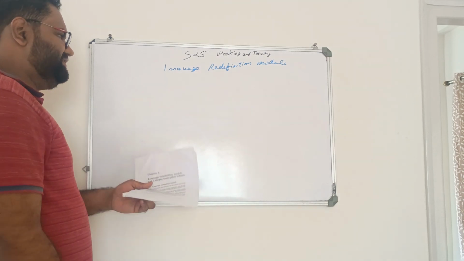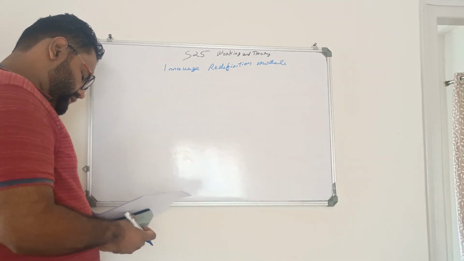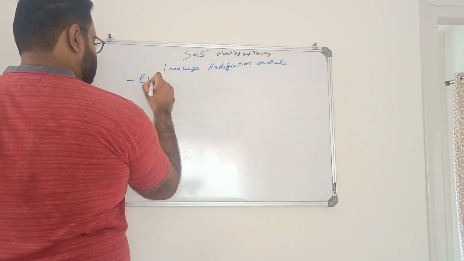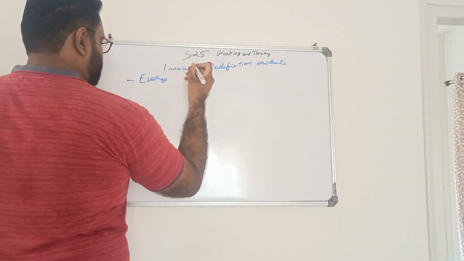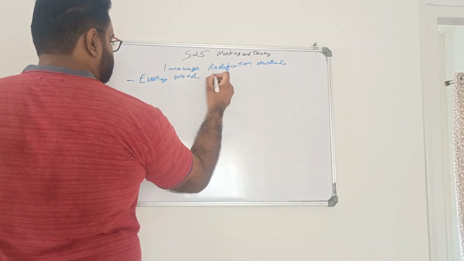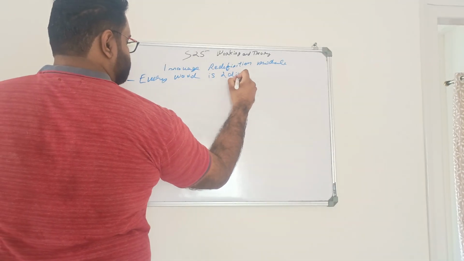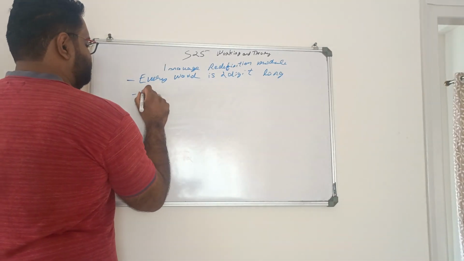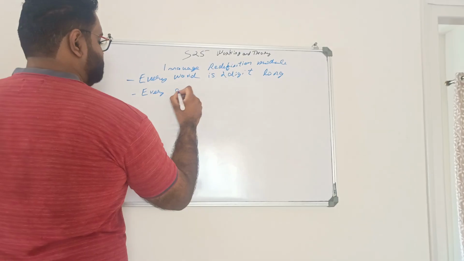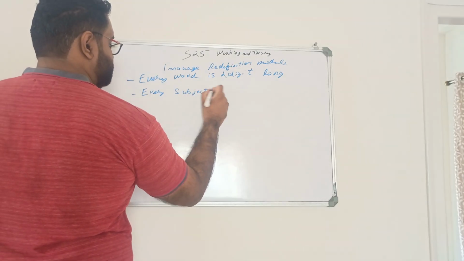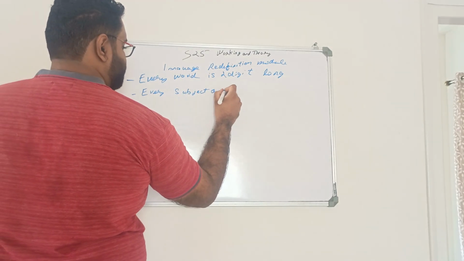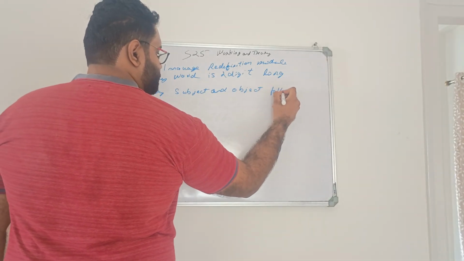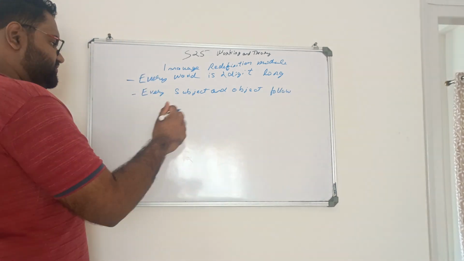Not exactly the lowest, but somewhat reasonable. I'll say these sets of rules. So every word is 2 digit long, and then every subject and object follow this particular thing.